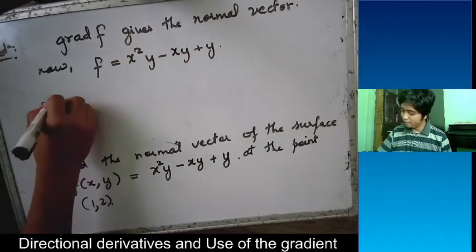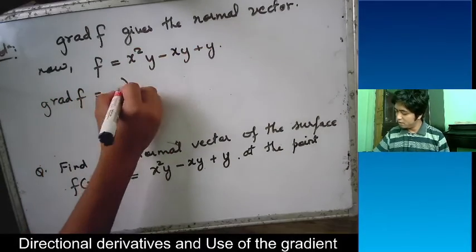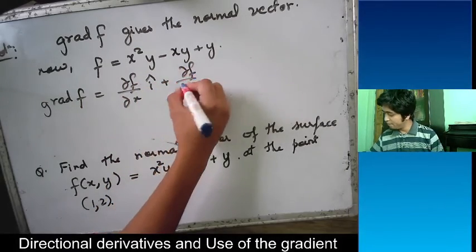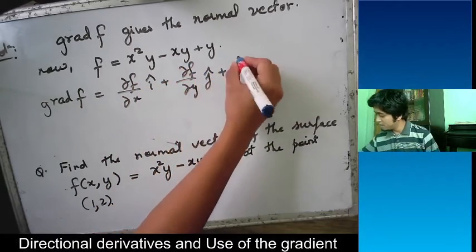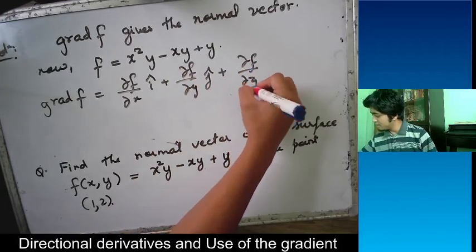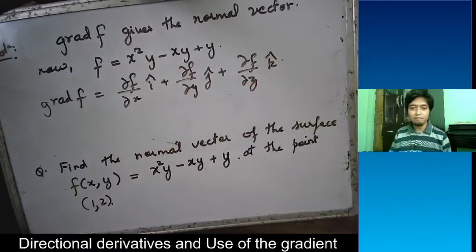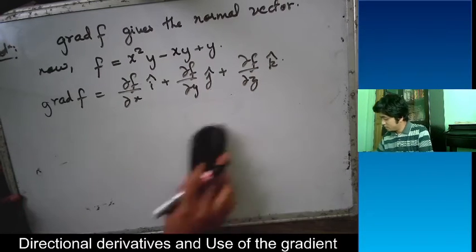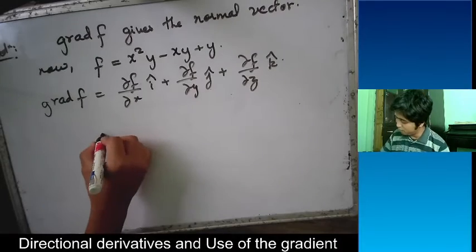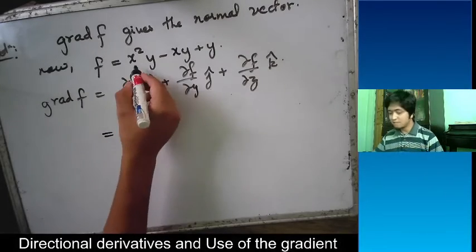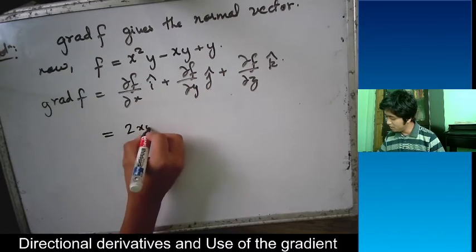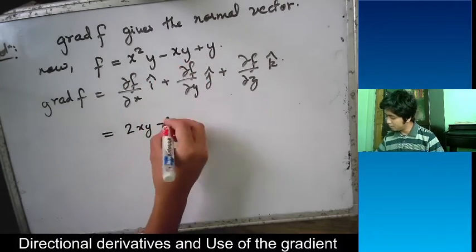Now we just have to find grad f equals del f del x i plus del f del y j plus del f del z k. So differentiate this one partially with respect to x, you will be getting 2xy minus y.